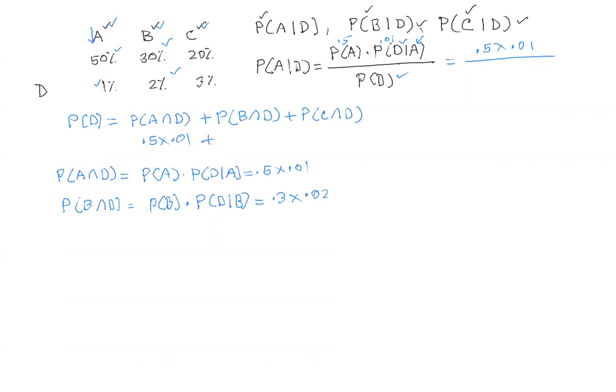So it's going to be actually 0.06, right? Similarly, you can do the calculation for probability of C and defective, which is probability of C times the probability that it is defective given that it was made by C. Probability of C making it is 0.2, this is 20%, times defective is 3%, 0.03.